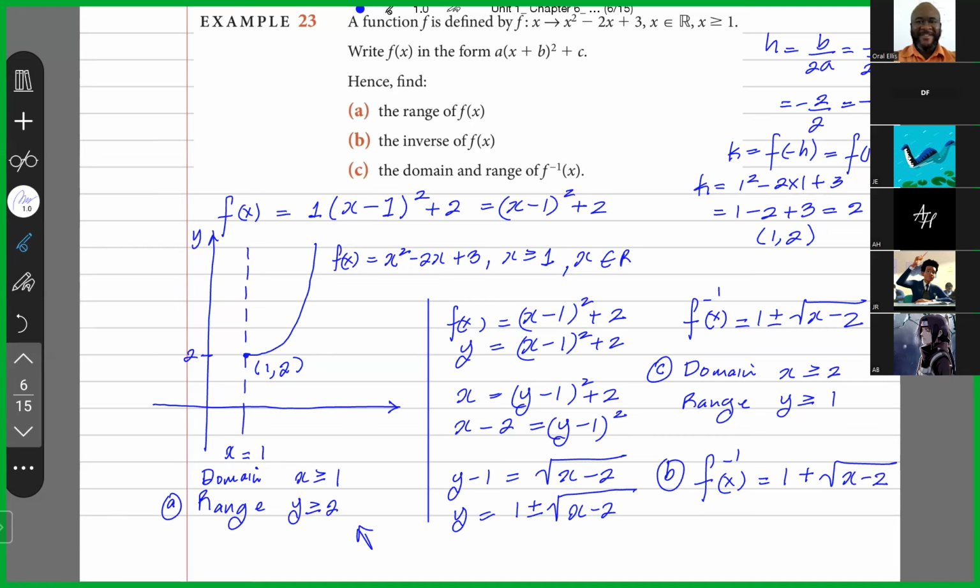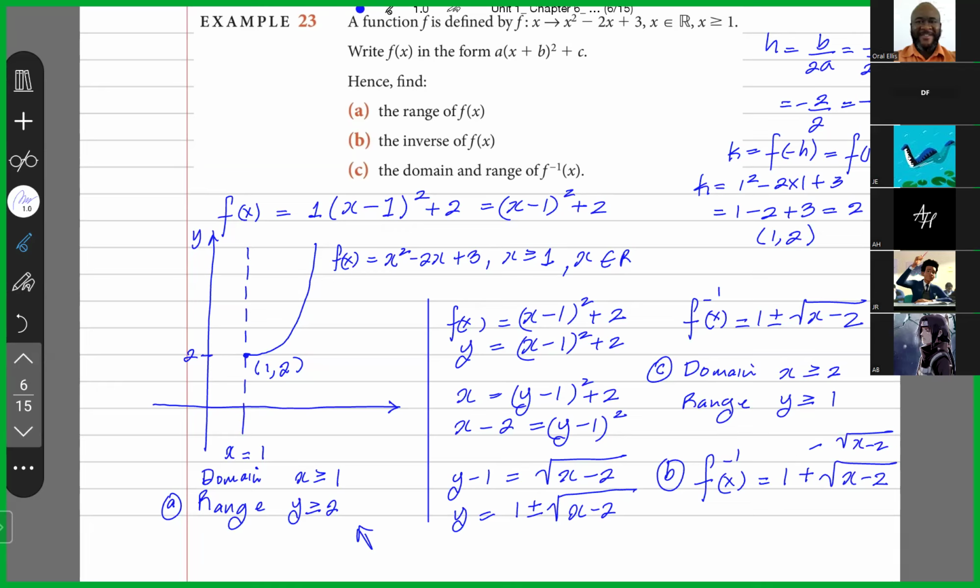You're told that the range of f inverse of x must be greater than or equal to 1. If there was a negative there, if it was minus the root of x minus 2, you would see, if let us say x was 6, you'd get what? 6 minus 2 is 4.